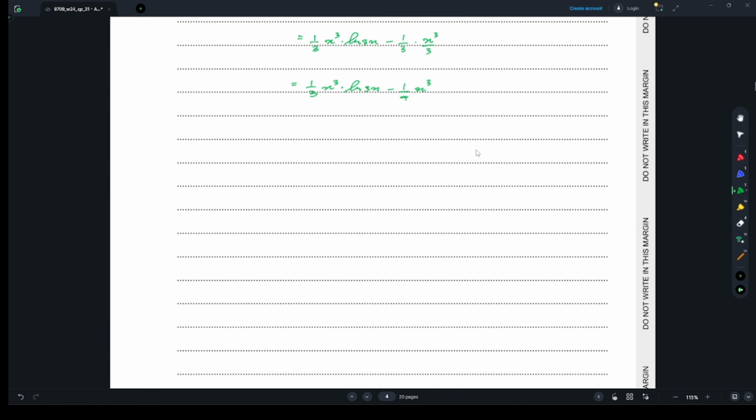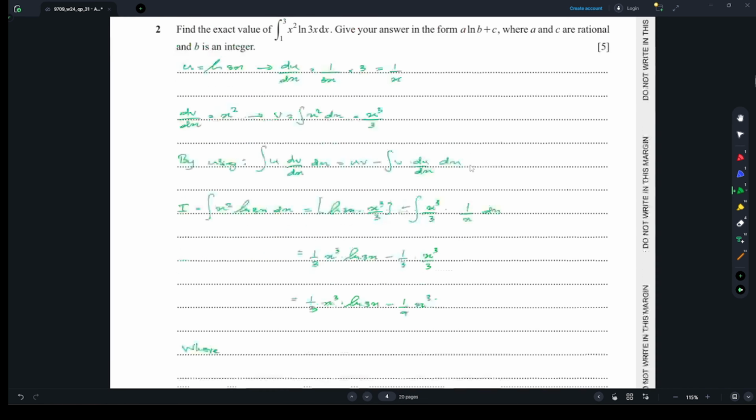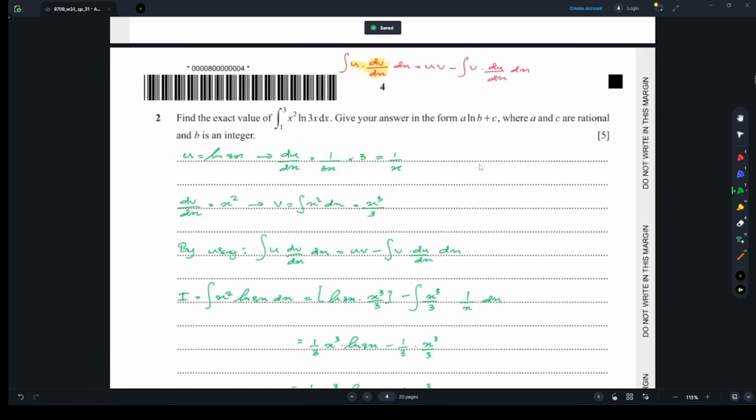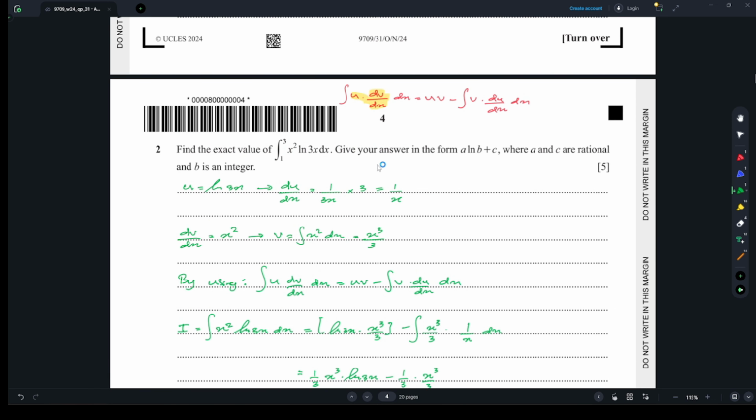So we can now write, where they are asking for a, b, c, in that case a is 1 over 3, b is 3x, and c is minus 1 over 9 x cube. That part is done. So give your answer in this format.